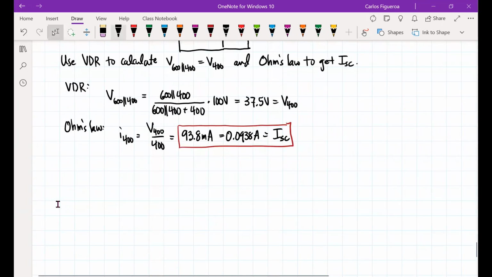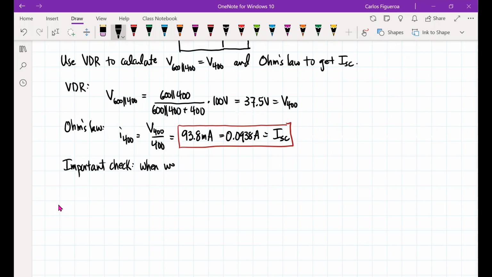So now let's go see. I now want to do that important check. When we interpreted the inductor, we said that IL of 0 was going to be higher than I short circuit. Let's compare them.